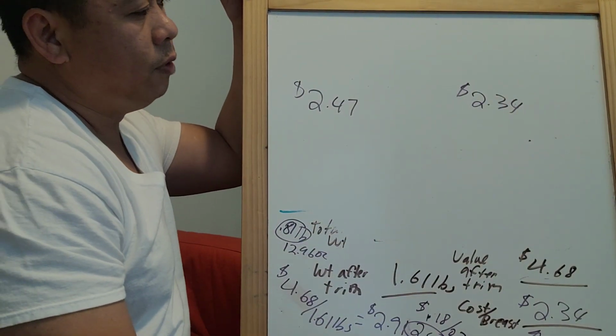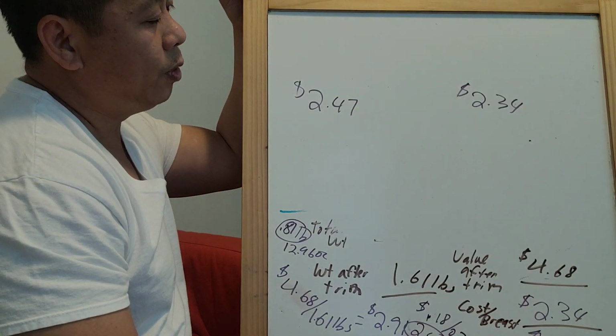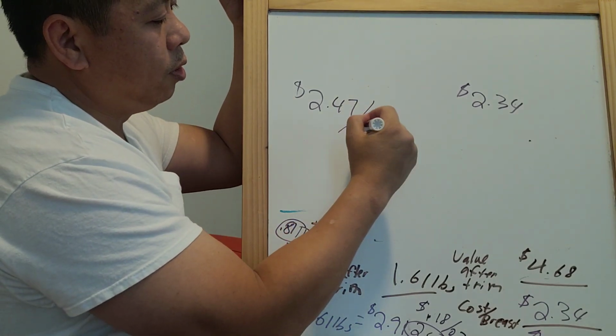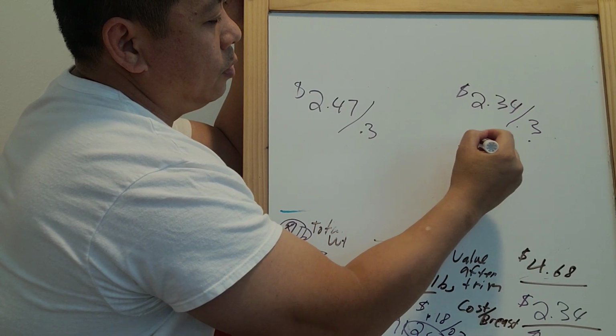Let's say your food cost is 30%. That's your cost. 30% is 0.3, right? Which will get you your selling price.